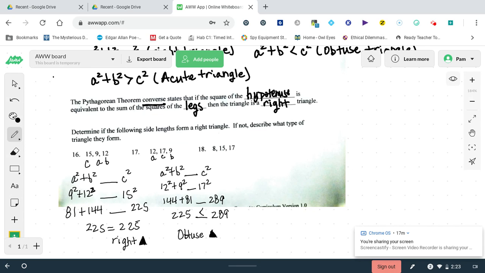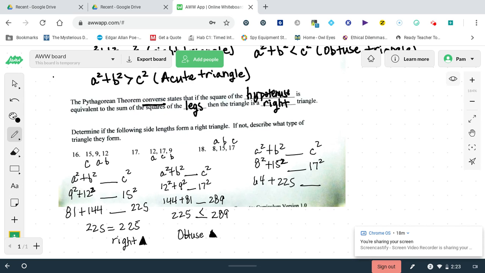All right, let's look at this one. That's a, b, and the longest side is c. So a squared plus b squared compared to c squared: it's going to be 8 squared plus 15 squared compared to 17 squared. 8 squared is 64. 15 squared is 225.